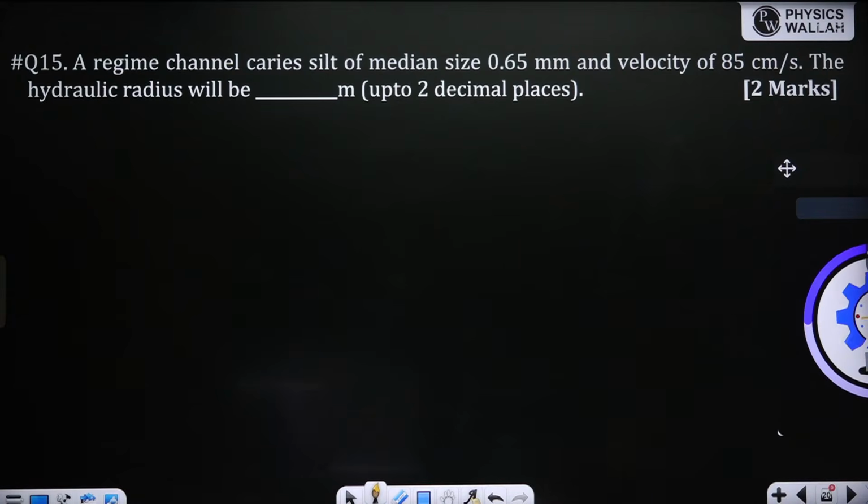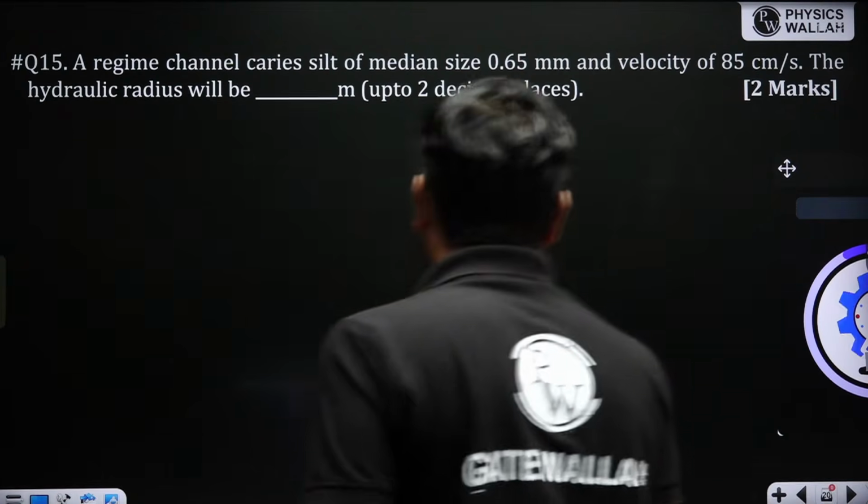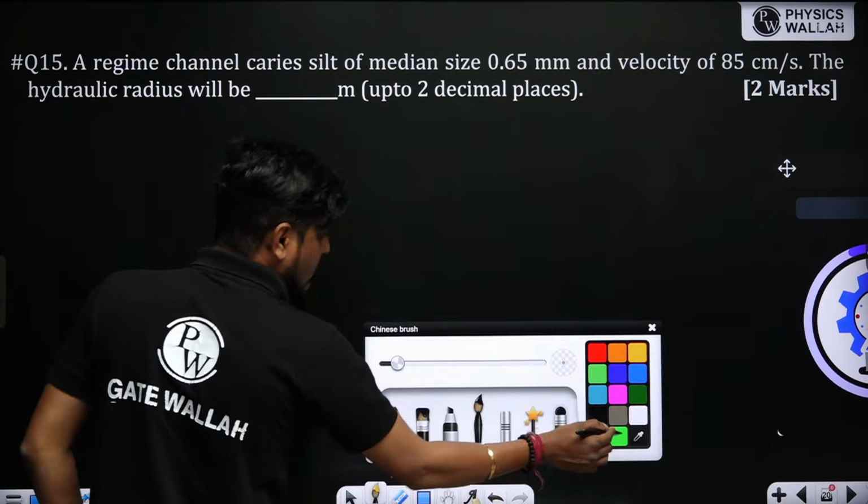Still there is time. So the question is that easy, directly formula based.